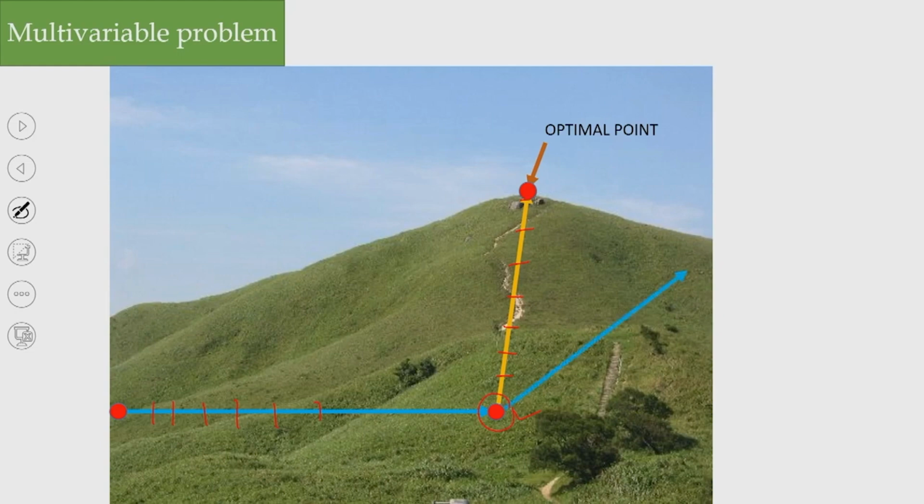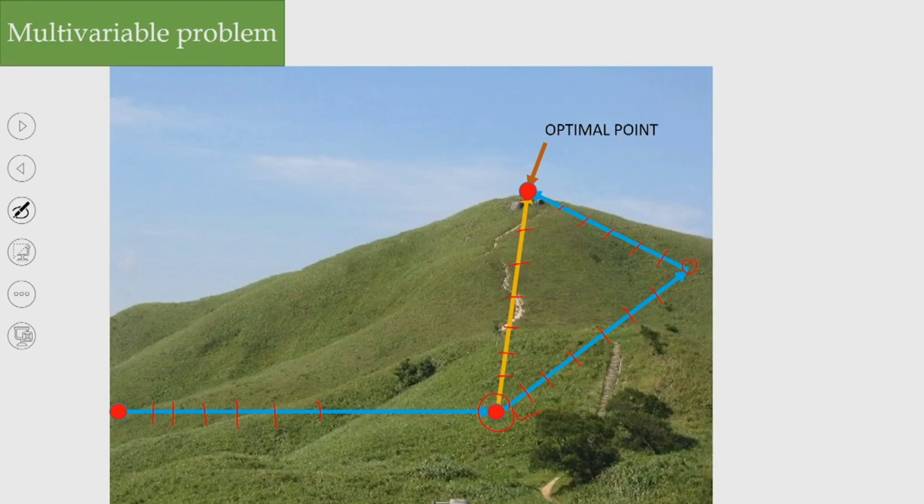Similarly, suppose the next direction is this, and in this direction also it is a single variable problem, and you get the optimal solution somewhere here. Maybe I can then go along this direction and finally find it.